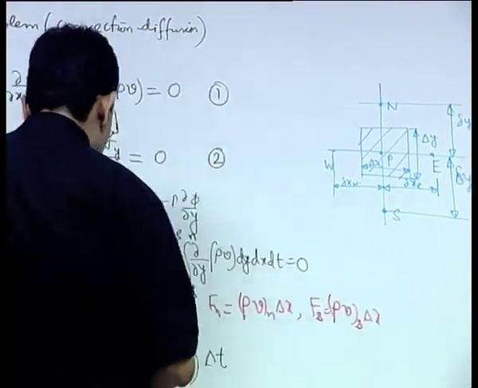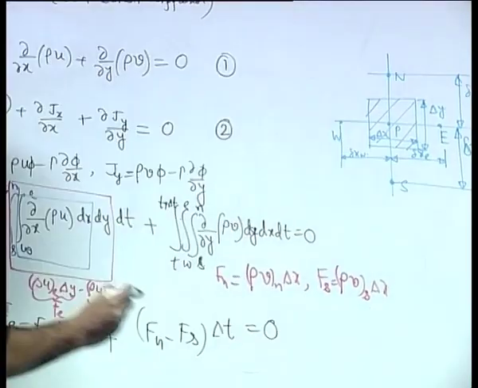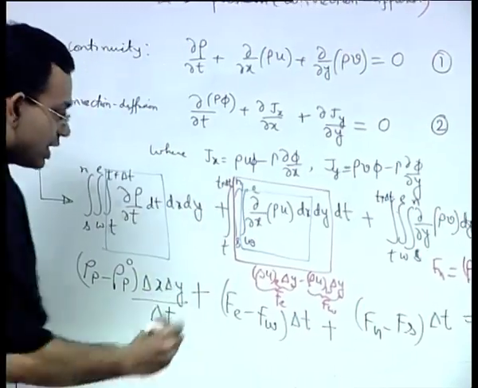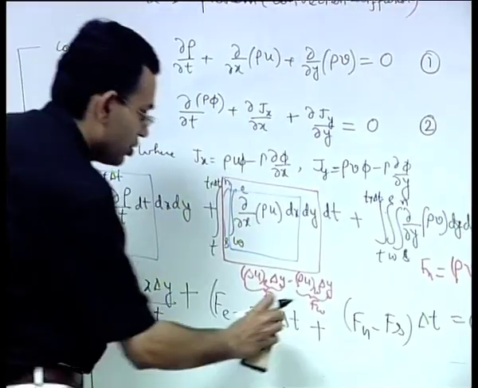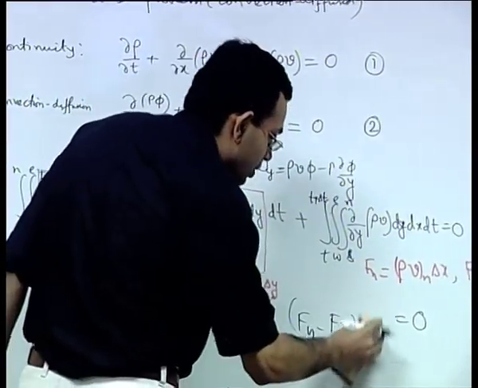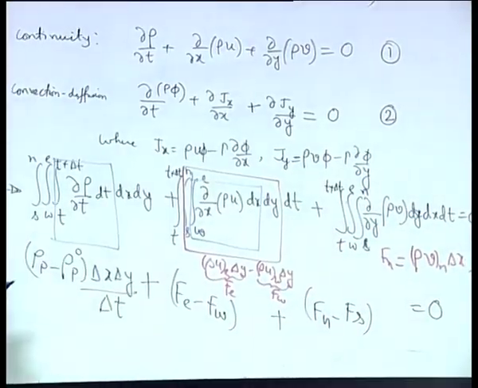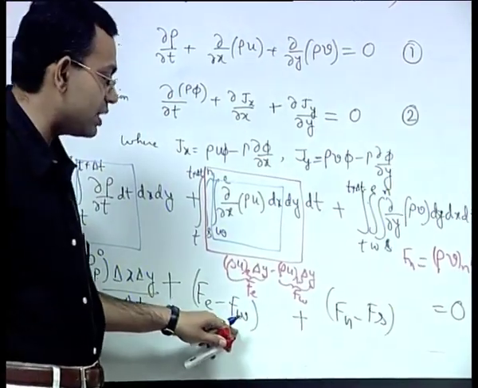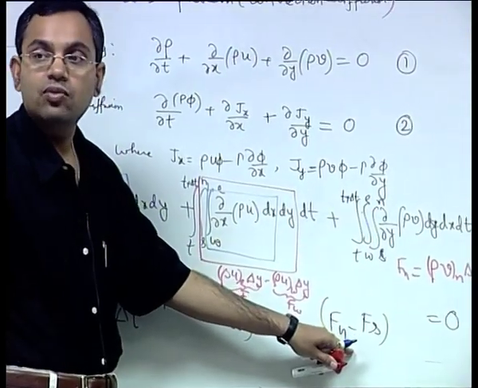So that is equal to 0. We can divide both the sides by delta t, so that we can ultimately get rho p minus rho p 0 into delta x delta y by delta t plus Fe minus Fw plus Fn minus Fs equal to 0.